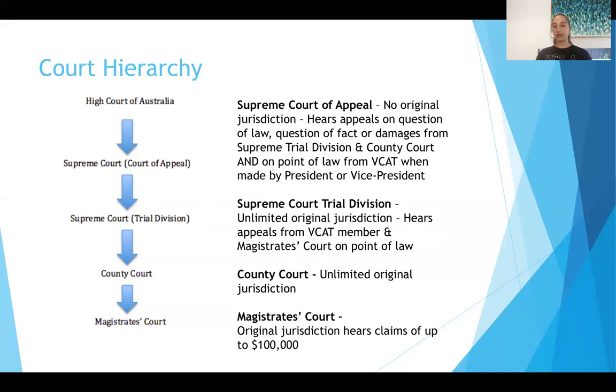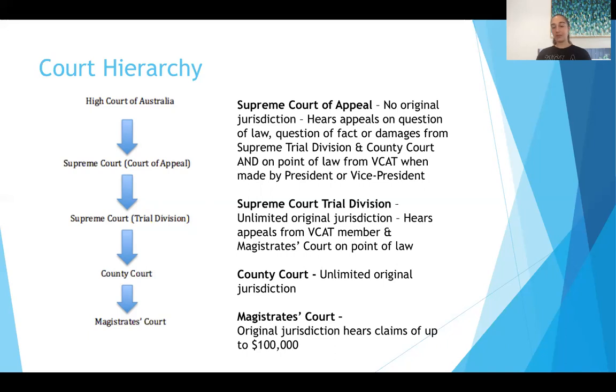So the Magistrates Court hears claims up to $100,000. The County and Supreme Court have unlimited original jurisdiction. So parties can choose whether they want to have their claim heard in the County or Supreme Court for the most part. This means that usually cases which are seeking less amount of money will be heard in the County Court, because parties will choose to have less delays and lower court filing fees.